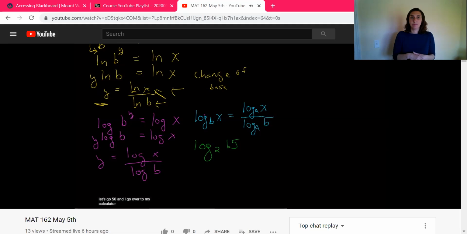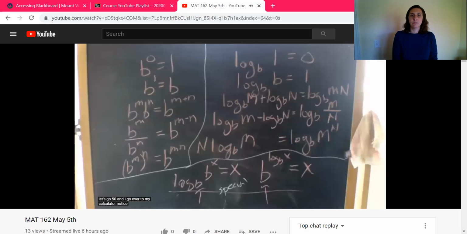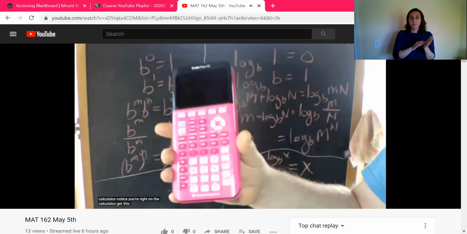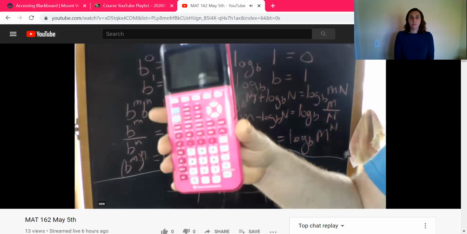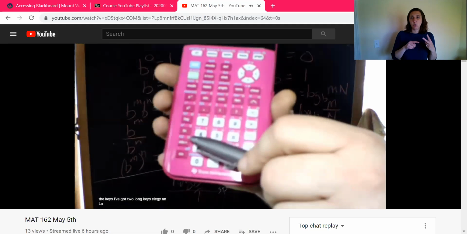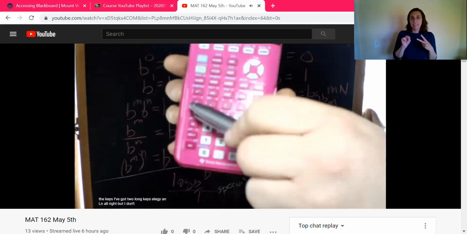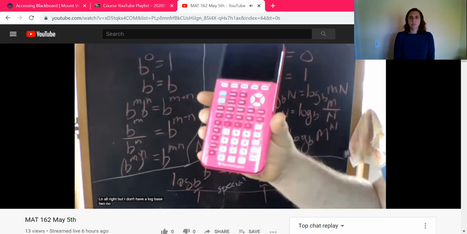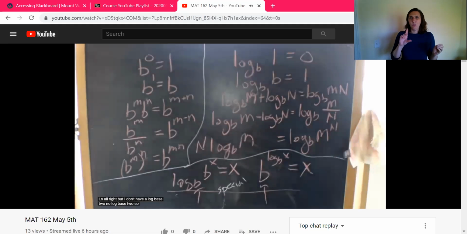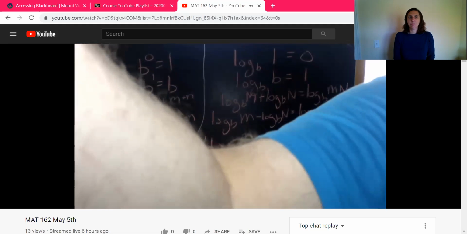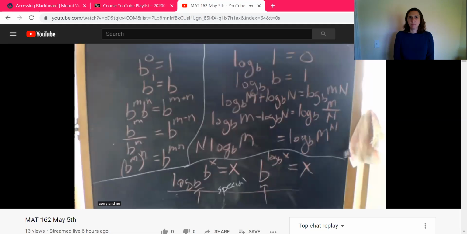And I go over to my calculator. You'll notice on the calculator I've got two log keys, log and ln, but I don't have a log base 2.